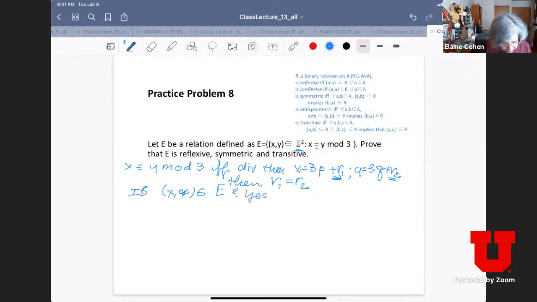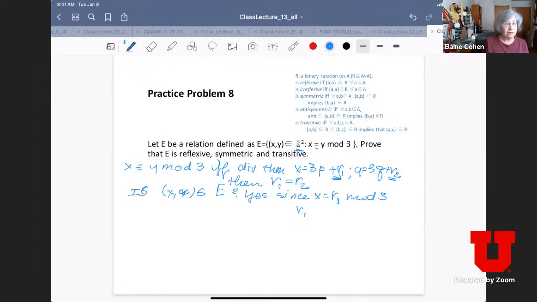Yes, since x equal to r1 mod 3 by definition, and r1, yeah, so we can put it on either side.